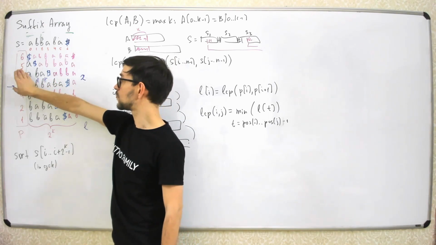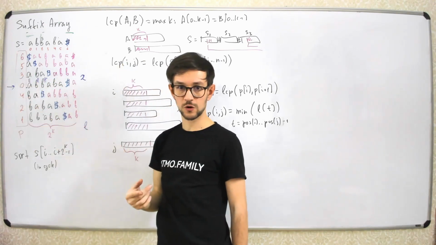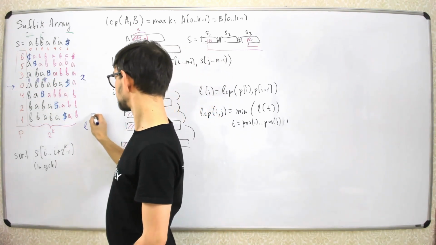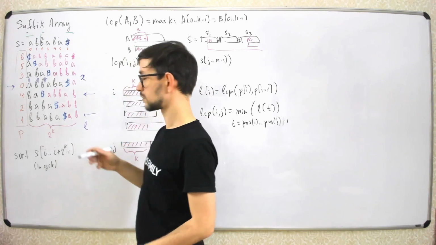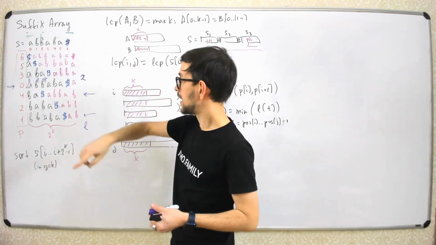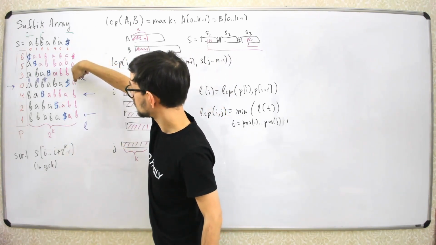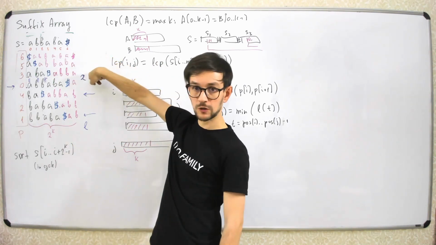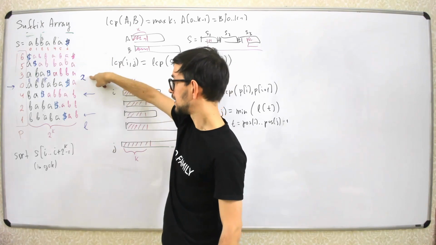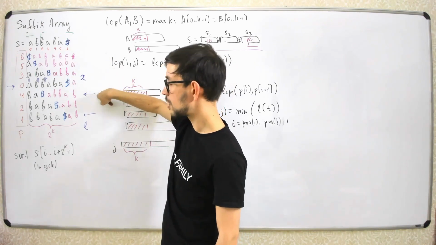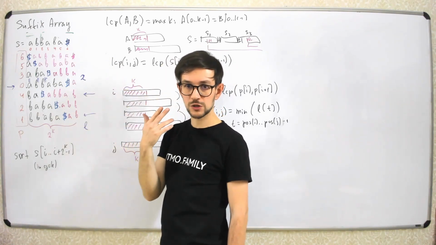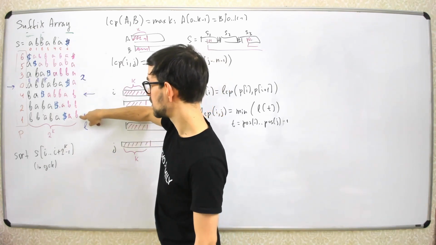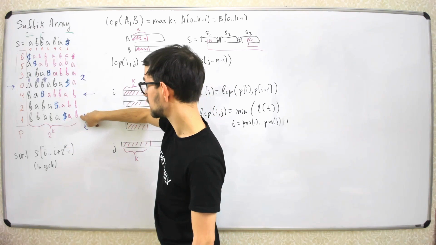If we remove the first character from it, we get suffix 4. So we know there are suffix 1 and suffix 4. And since suffixes 0 and 3 had 2 common characters, then suffixes 1 and 4 should have at least 1 common character.